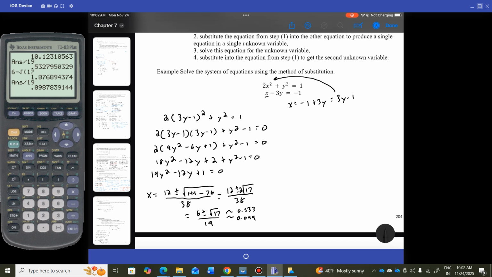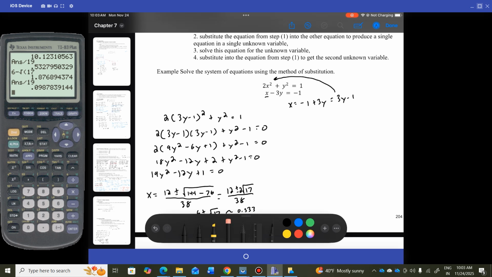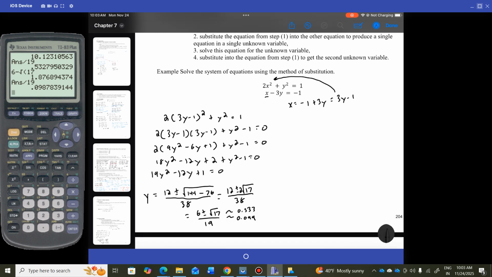And of course I can plug these in then. Actually, before I forget, these aren't x's, these are y values. Right? We had y as a symbol.